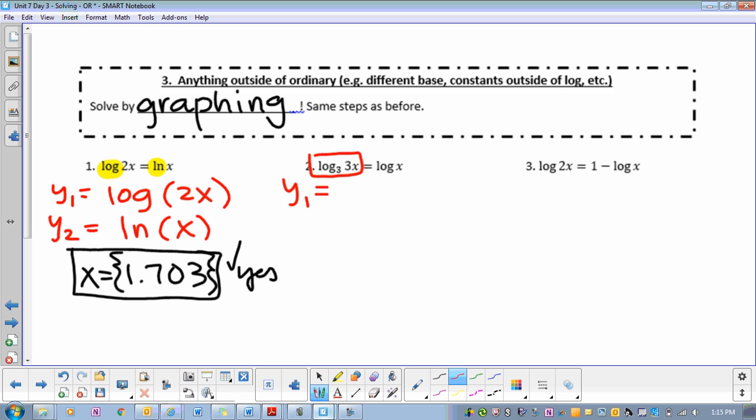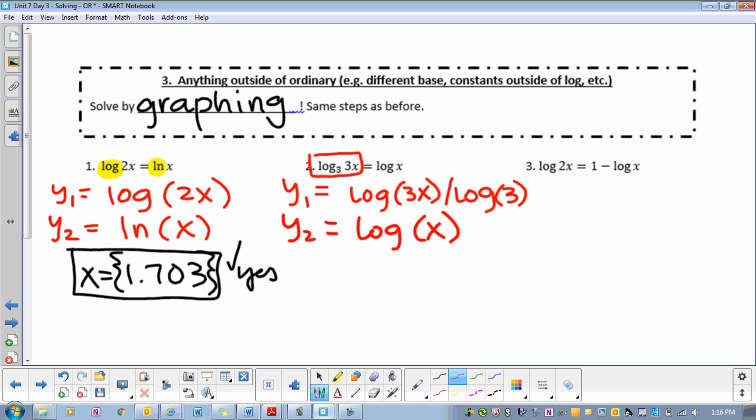So you're going to say log of 3x divided by log of 3. Log of x in your y sub 2.